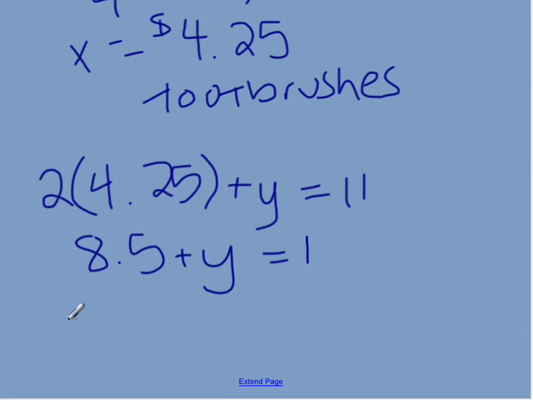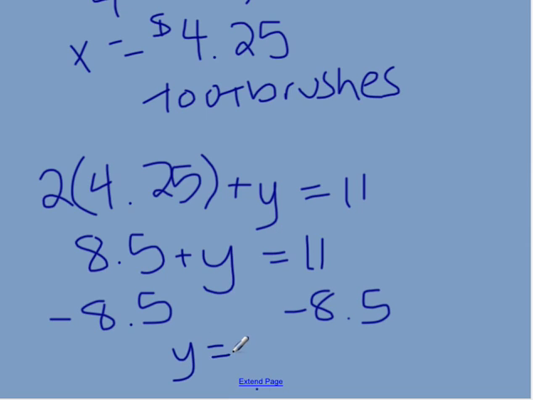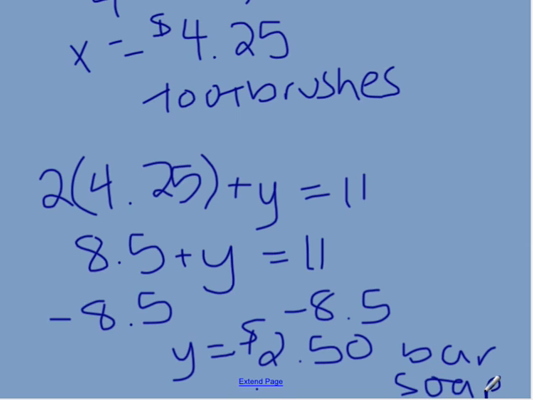So that's a positive 8.5. So to get it over to the other side, I need to subtract 8.5. And then I end up getting that y is equal to 11 minus 8.5, which is $2.50. So it's $2.50 for a bar of soap. Okay, so that represents a bar of soap.